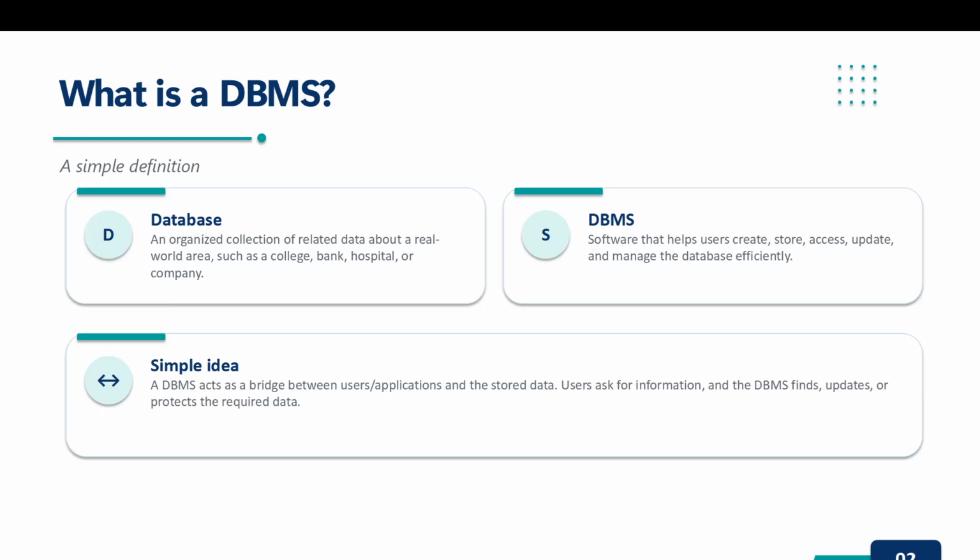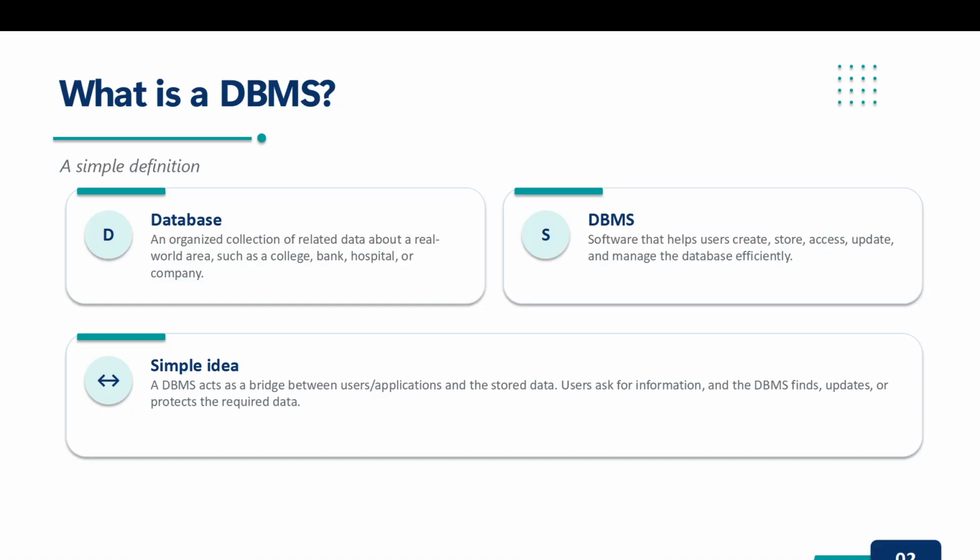Now, a DBMS is the software that helps us work with this database. It allows us to add new data, view the existing data, update data, delete data, and search for required information. For example, if you want to find the marks of one particular student, we should not manually search through hundreds or thousands of records.